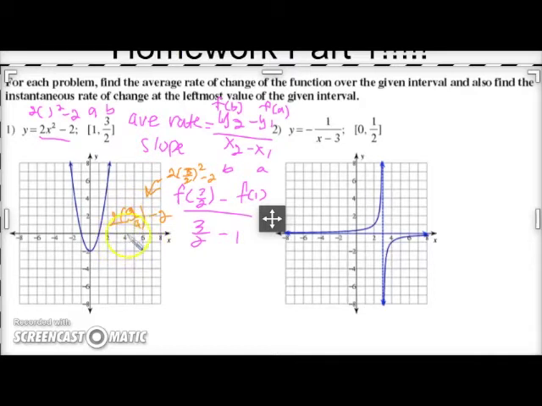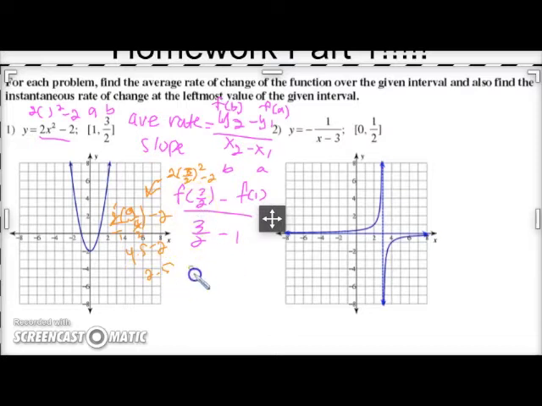Okay? Well, what is 2 times 9 over 4? That's 18 over 4, right? So 18 divided by 4, you're going to realize there's a 2 here. If I reduce, that'd be 9 halves, which is like 4.5. 4.5 minus 2, which is 2.5.